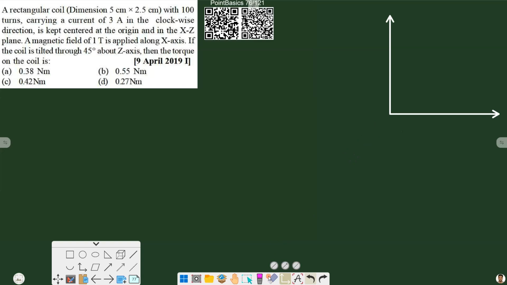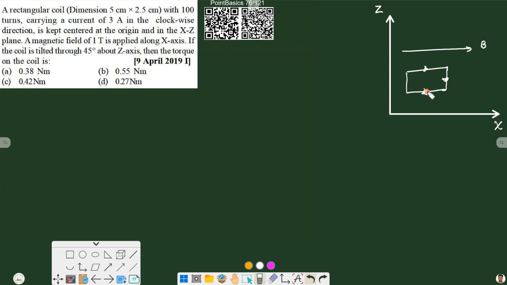So let us suppose this is x and this is z, and our rectangular coil is in the xz plane. This is our coil. Now the magnetic field is applied along the x-axis. So the magnetic field is applied along this axis, along the x-axis, and we know the current is clockwise in this coil.